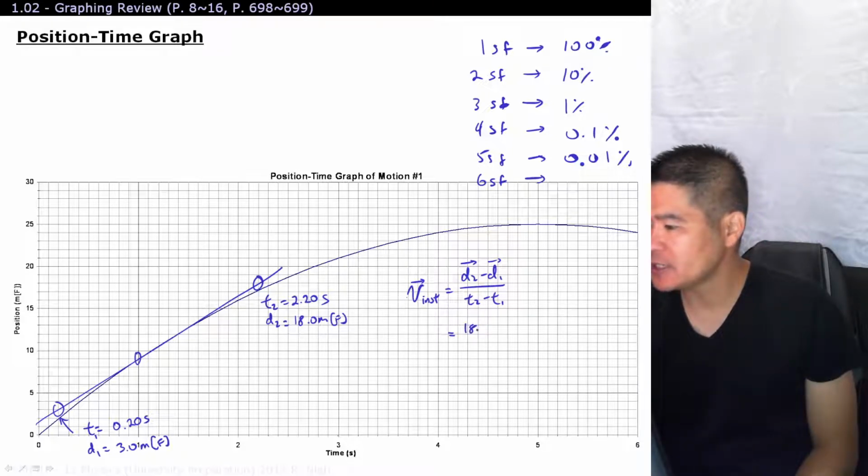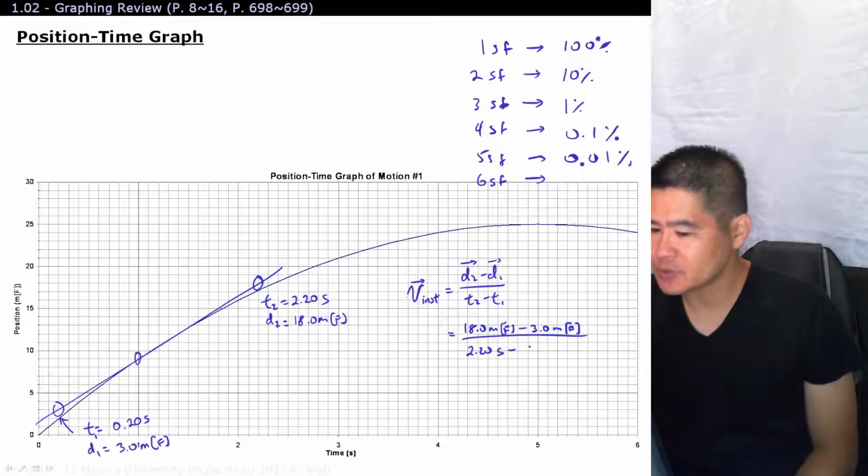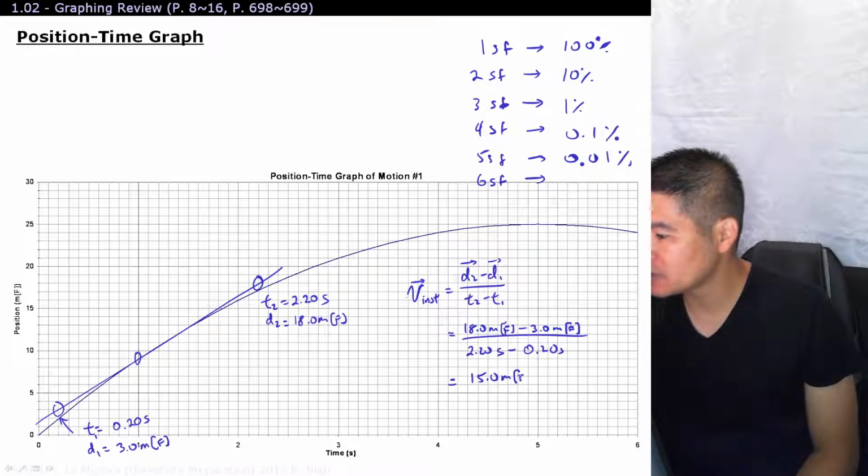Okay, so 18.0 meters forwards, subtract 3.0 meters forwards, divided by 2.20 seconds, subtract 0.20 seconds. That gives you 15.0 meters forwards.